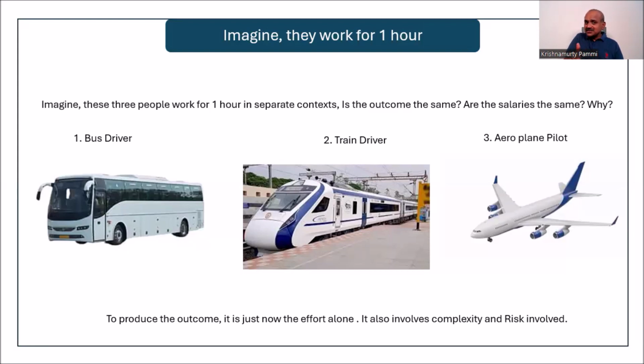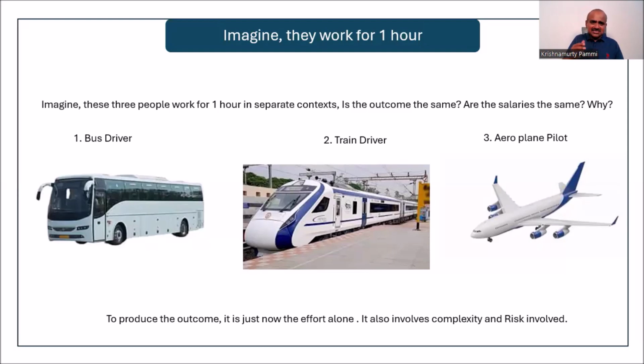Similarly, if you come to the train driver, complexity may be less because there is no traffic in between, but risk is more. Because it is not just the train pilot. If there's a mistake in the railway track, or a mistake in the signaling system, then not just his life, the whole train passengers' lives are at risk.